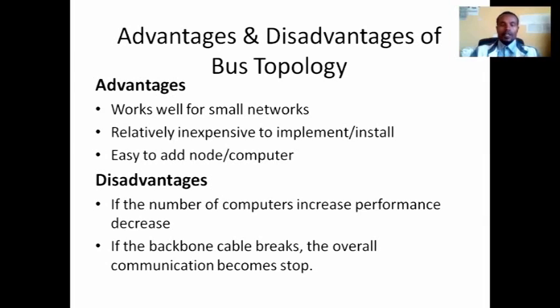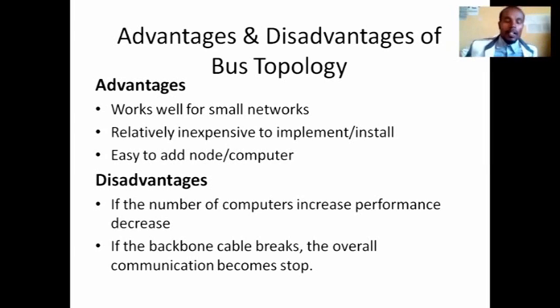When you look at the advantages and disadvantages of bus topology, the first advantage is that it works well for small networks. We can use this bus topology in small networks. It is relatively inexpensive to implement or install. It is simple to physically arrange the computers.